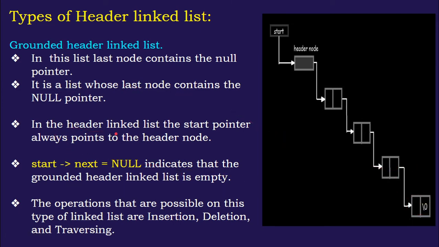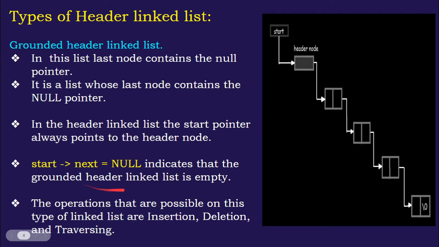In the header linked list, the start pointer always points to the header node. In a normal linked list, the start pointer points to the first node of the list. But in the case of the header node, the start pointer always points to the header node. So start arrow next is equal to null indicates that the grounded header linked list is empty.